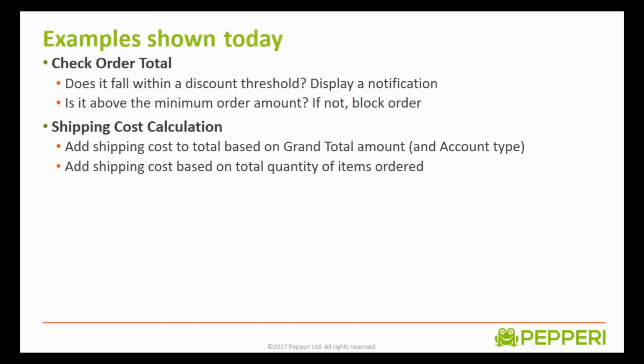Next, I'll show examples using shipping cost calculations, how to add the shipping cost based on two different types of calculations, one on the grand total amount and one on the account type. So I'll show an example of, say, you have large customers, and if they order more than $5,000, they'll get free shipping.